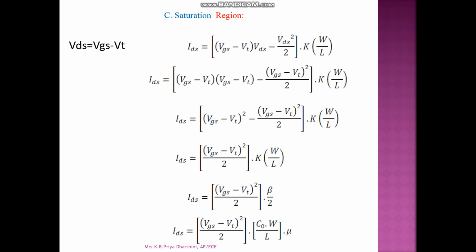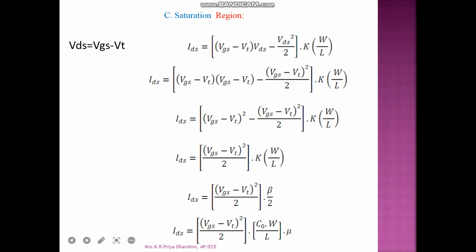And for the saturation region, the last one, what is the condition? The condition is VDS equal to VGS minus VT. The current equation between the source and drain can be written here. IDS is equal to (VGS minus VT) into VDS minus VDS square divided by 2, into K W divided by L. So for this VDS we can substitute VGS minus VT, and it can be multiplied together.